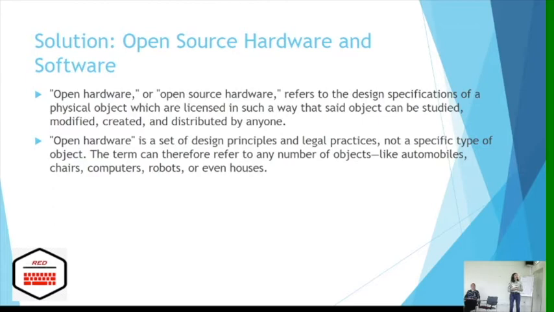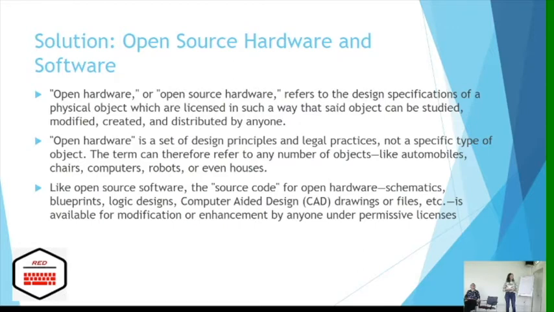And open hardware is a set of design principles and legal practice, not a specific kind of object. So the term refers to any number of objects, like chairs, computers, robots, even houses.